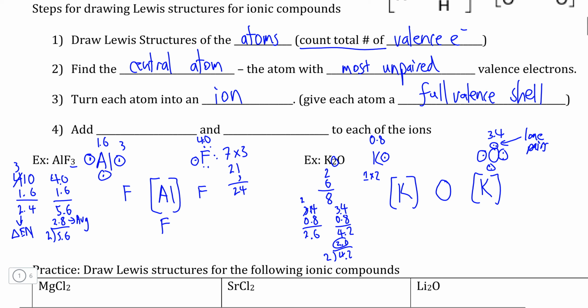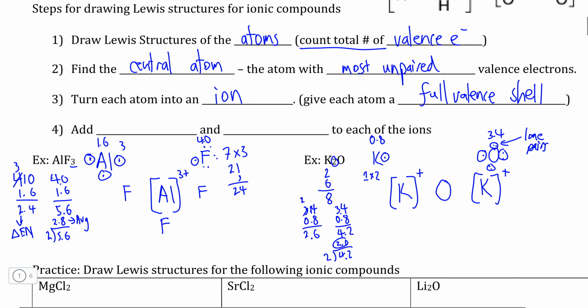Now, because with aluminum, losing 3 is easier than gaining 5, when it loses its 3 valence electrons, it is going to have a positive 3 charge, which we can write outside of the brackets like this. And likewise with potassium, when it loses its 1, which is easier than gaining 7, it is going to have a positive 1 charge like this.